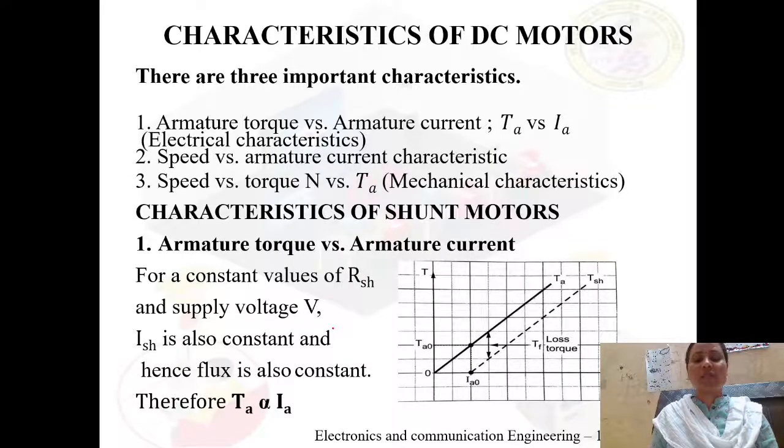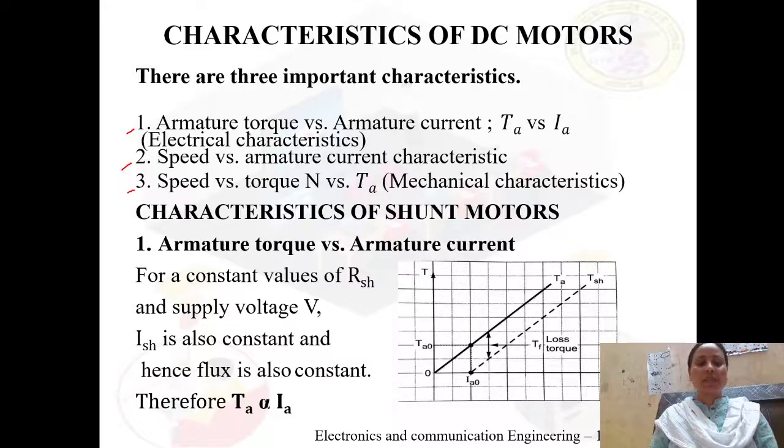So let us discuss separately the characteristics of motor for series motor and for the shunt motor. Three different characteristics we will consider: armature torque versus armature current, speed versus armature current, and speed versus armature torque.